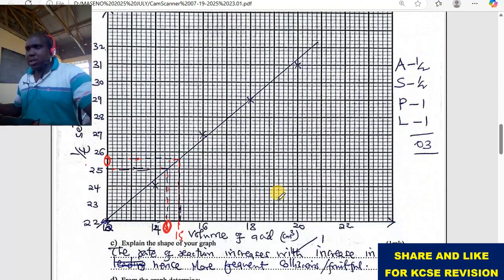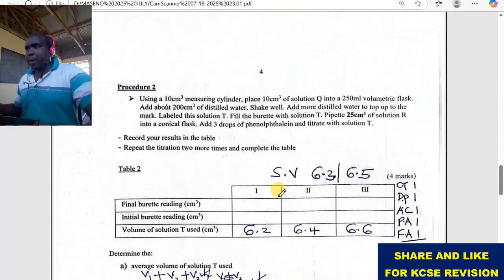That is very important for you to know what's happening. Then the bottle is labelled T, which is now diluted HCl, because Q is HCl. Therefore, when we add the water, we dilute that, but it still remains HCl.